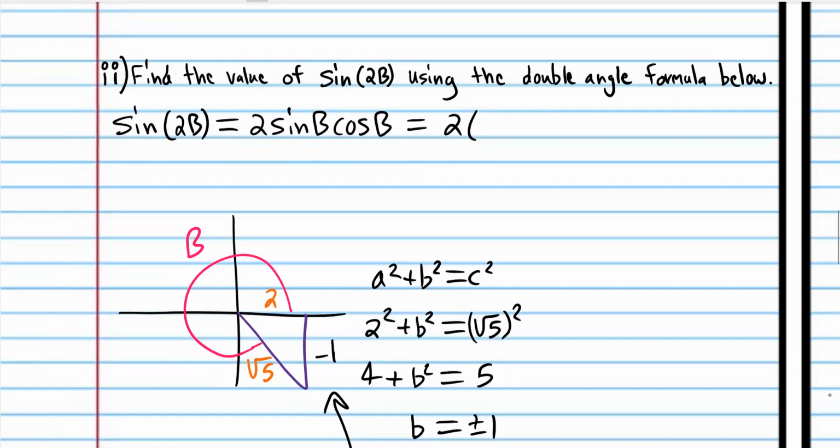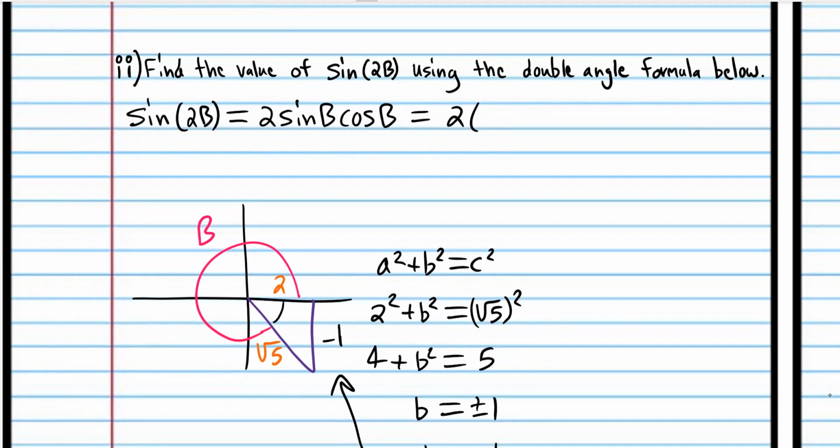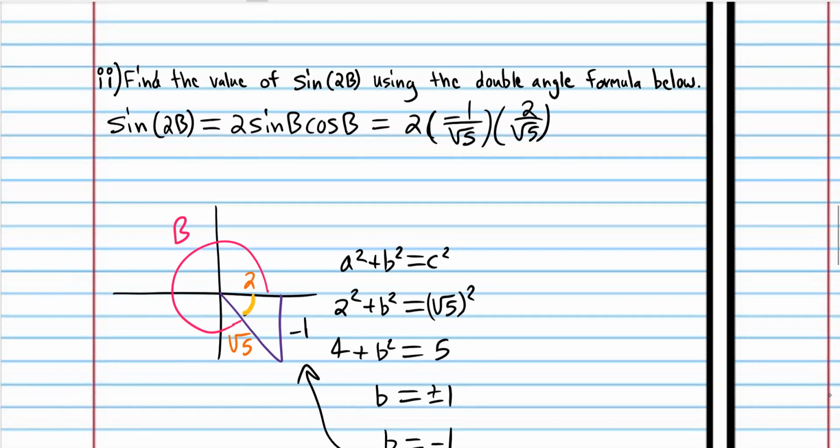Sine b is the side opposite the yellow reference angle divided by root 5. And then cosine b is 2 over root 5. So we get negative 4 over 5. So if you got that answer, excellent.